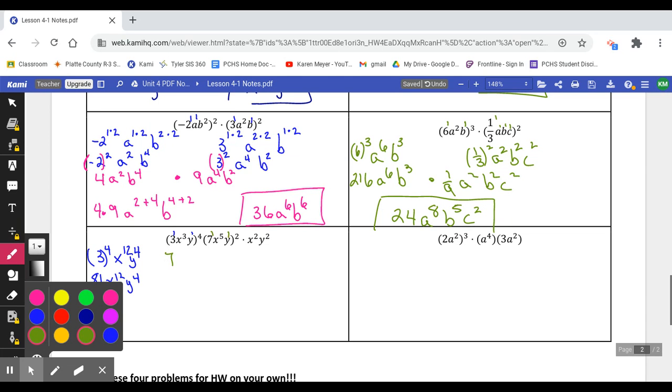So that would be 7 raised to the 2nd, x raised to the 10th, and y raised to the 2nd. So remember to multiply your exponents. 7 to the 2nd power is 49. And then my last one. There is no parentheses or anything with that, so there's no multiplying of powers, so I'm just going to leave that alone.